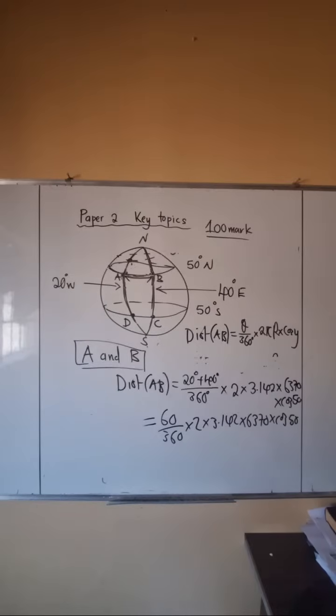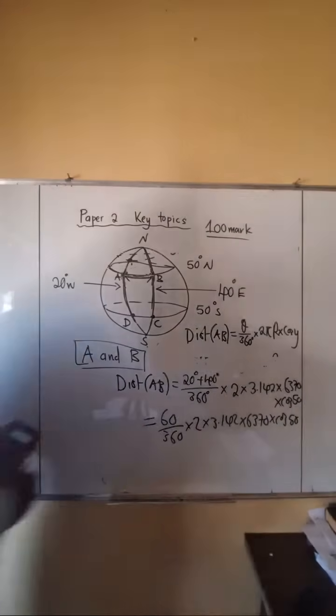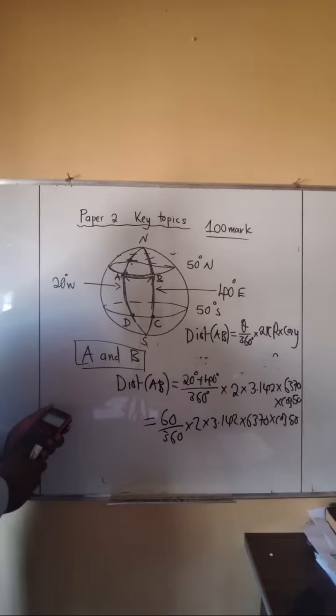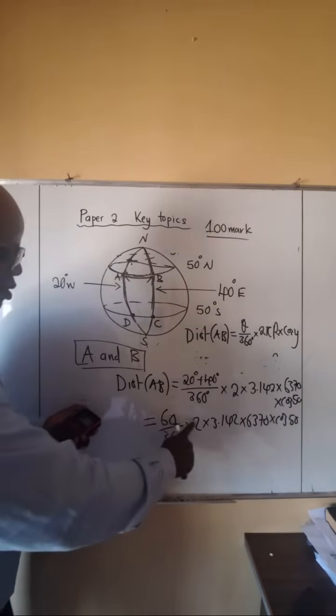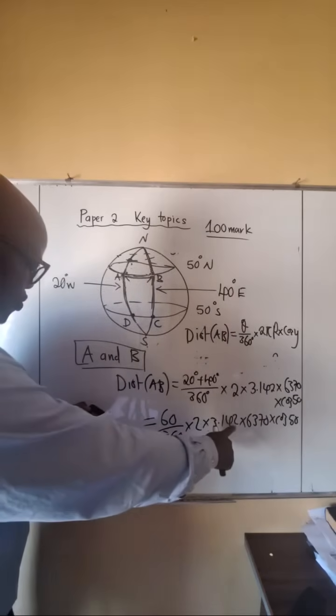So now let's do this. We're going to say 60 times 2 times 3.142 times 6370 times cos 50. Just multiply everything.